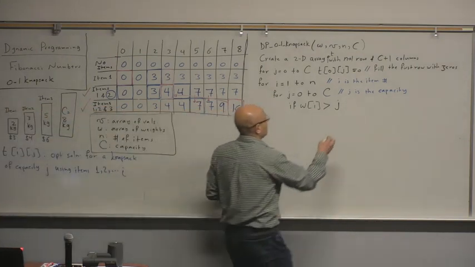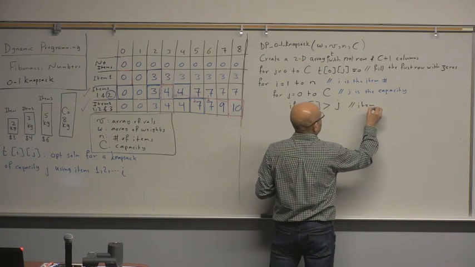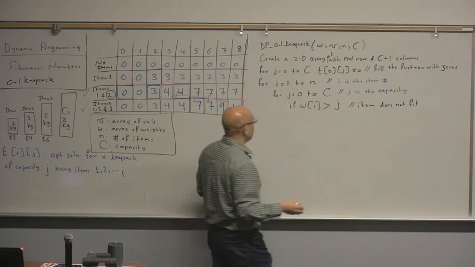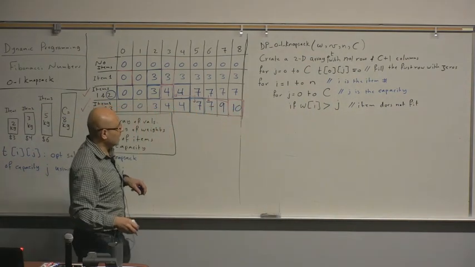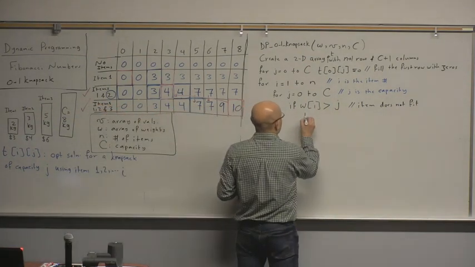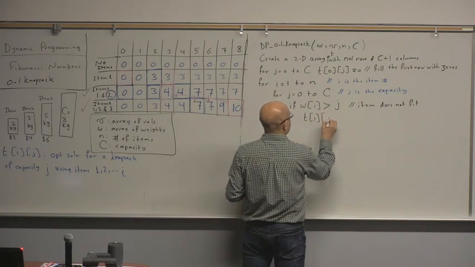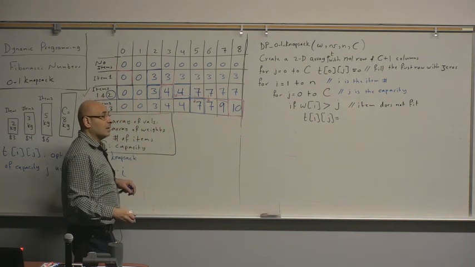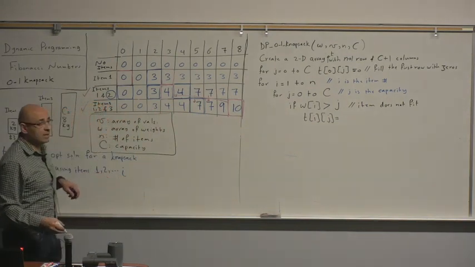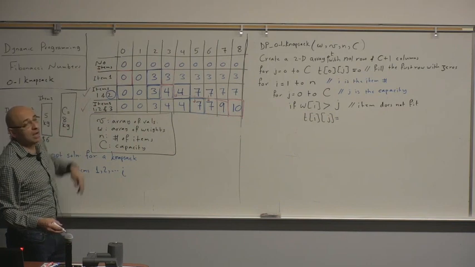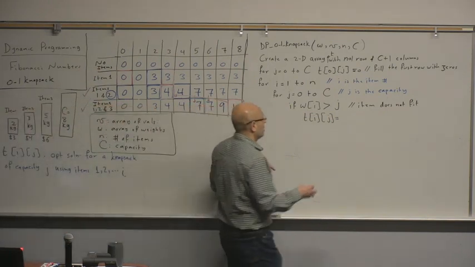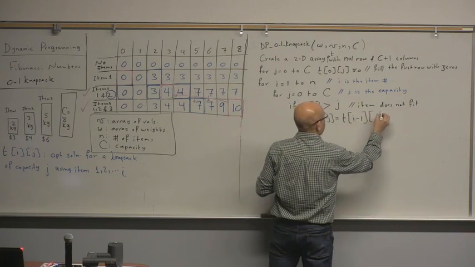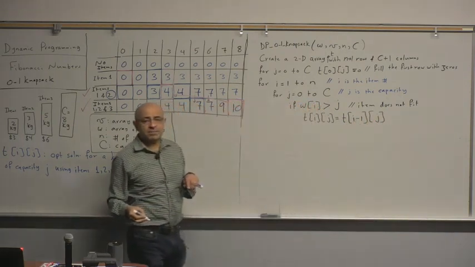So this means that the item does not fit. So if it doesn't fit, I will just take the previous solution. T of i and j equals T of i minus 1 and j. When I go one row up, it's i minus 1. i is the row number. Take the solution from the previous row.